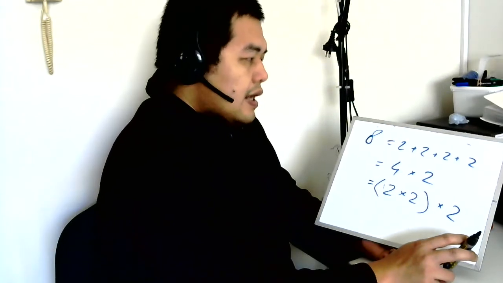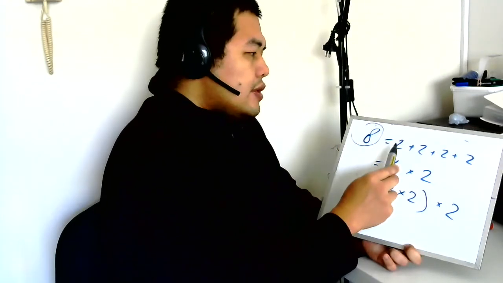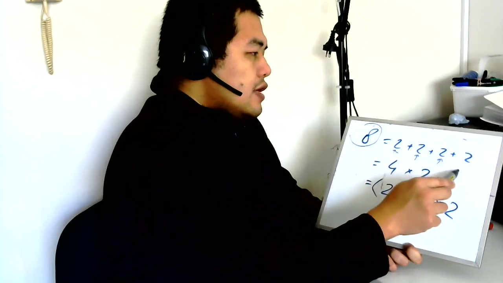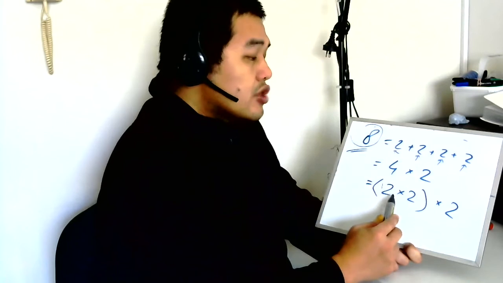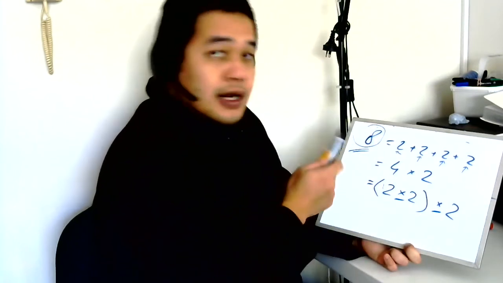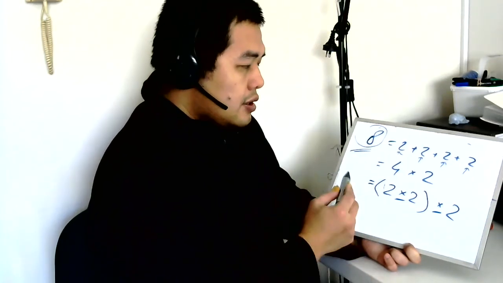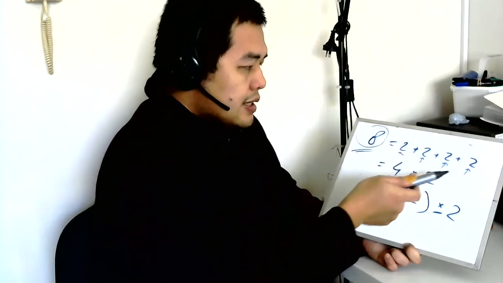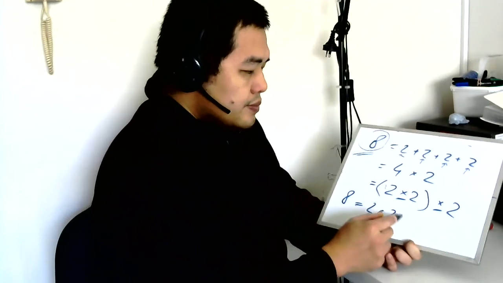So what happened was, when we tried to get a number from the prime numbers, actually it is more useful when we can express the number in terms of multiplication. That's why today I'm talking about the relation between prime numbers and multiplication. So you see, 8 is 2 plus 2 plus 2 plus 2, but at the same time, it's also 2 times 2 times 2.